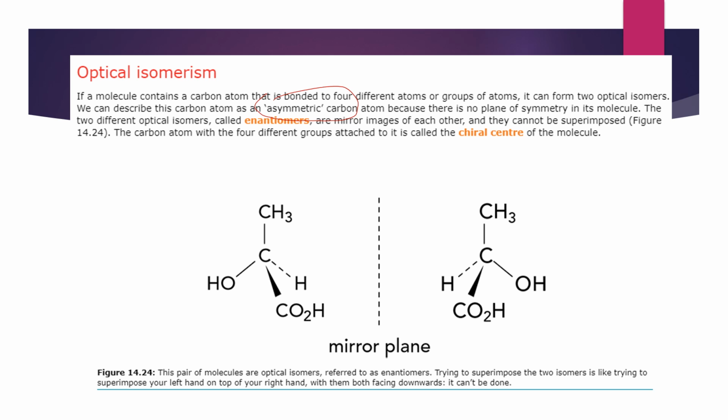The 2 different optical isomers, called enantiomers, are mirror images of each other, and they cannot be superimposed. The carbon atom with the 4 different groups attached to it is called the chiral center of the molecule.